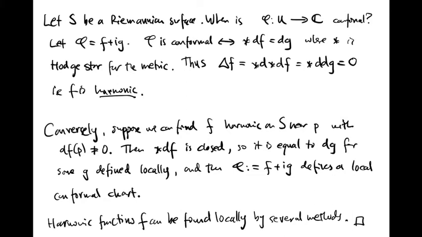Then taking φ to be equal to f plus i times g defines a local conformal chart. So we've reduced the problem of finding a conformal chart to the problem of constructing a harmonic function. There are several techniques to do this. They all involve some analysis, and we will not give details.